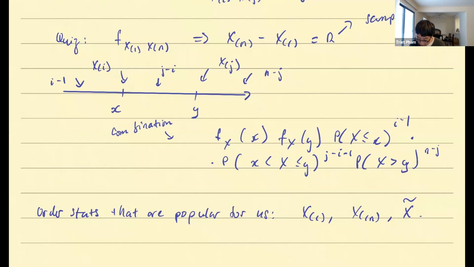No, it should be j minus i. Wow, people really care about this. 1 plus 1, plus j minus i minus 1, plus n minus j.